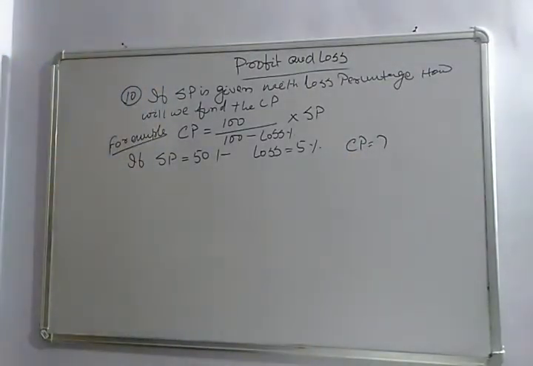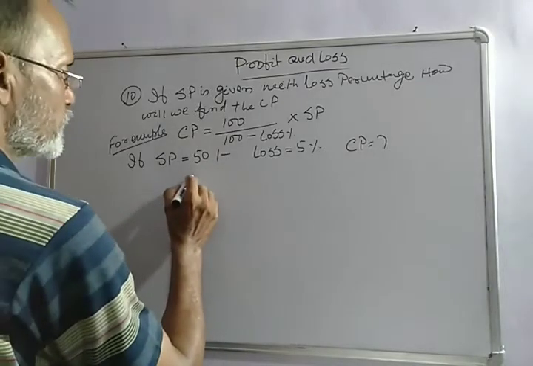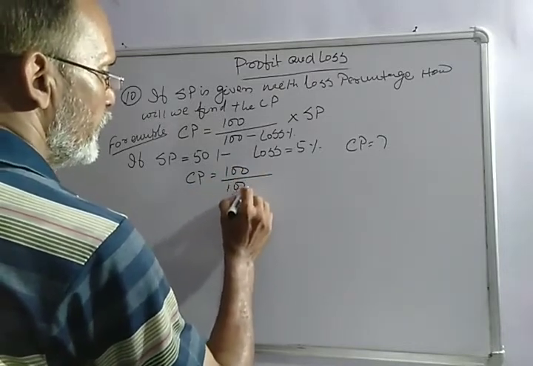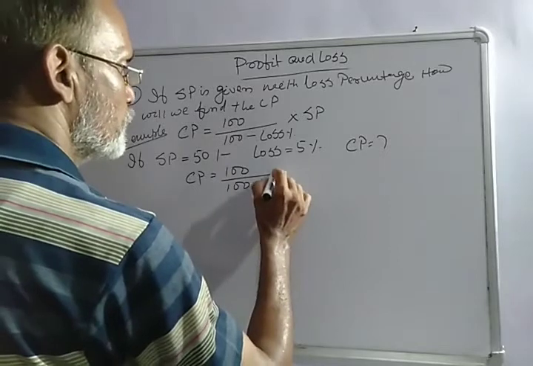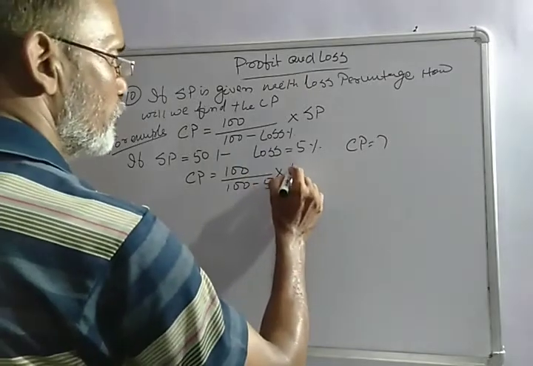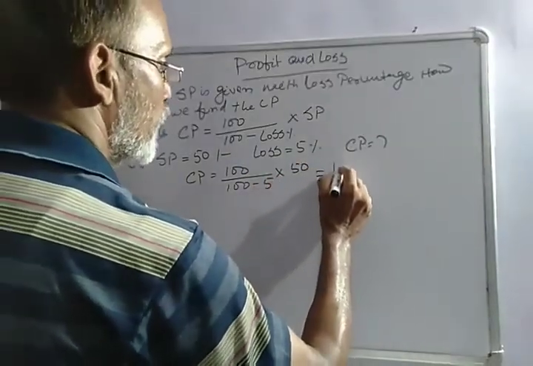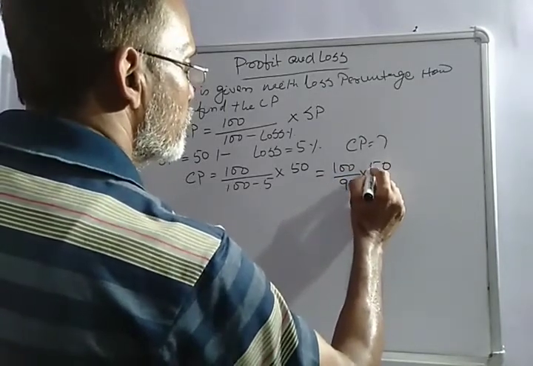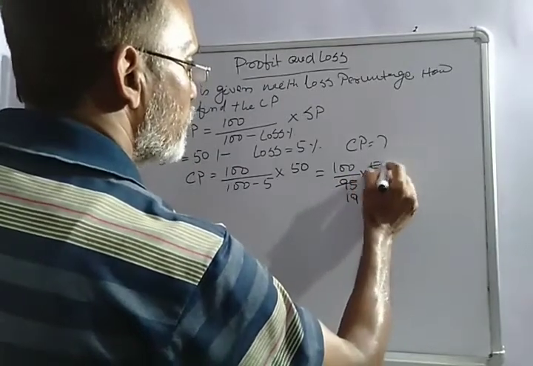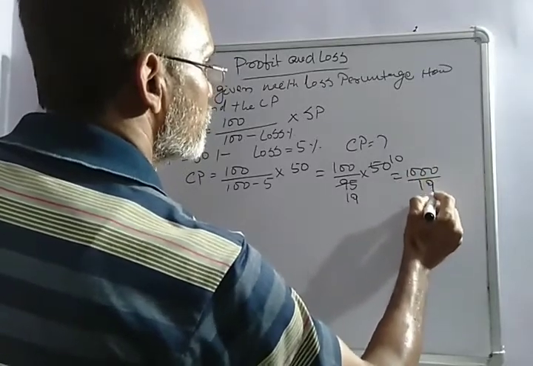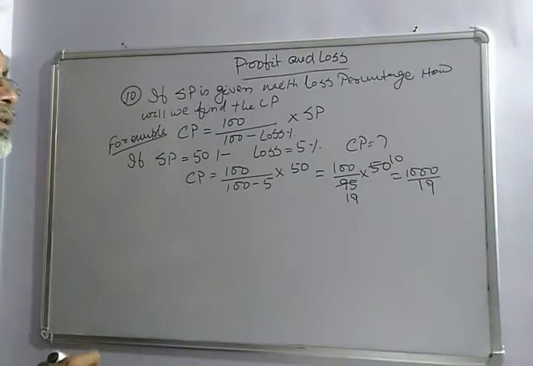Then cost price is equal to 100 by (100 minus 5) into SP, that is 50 rupees. So this is equal to 100 by 95 into 50. 5 19s are 95, 5 10s are 50. This is equal to 1000 by 19 rupees.